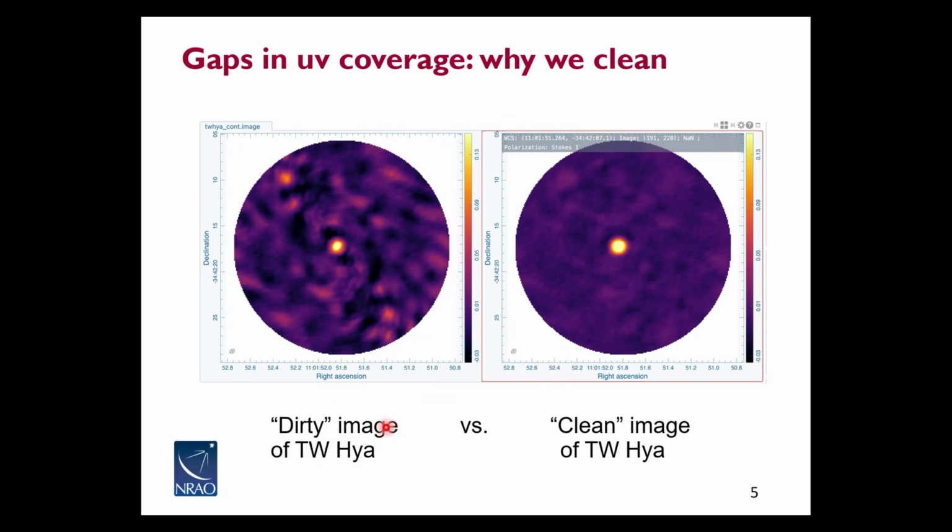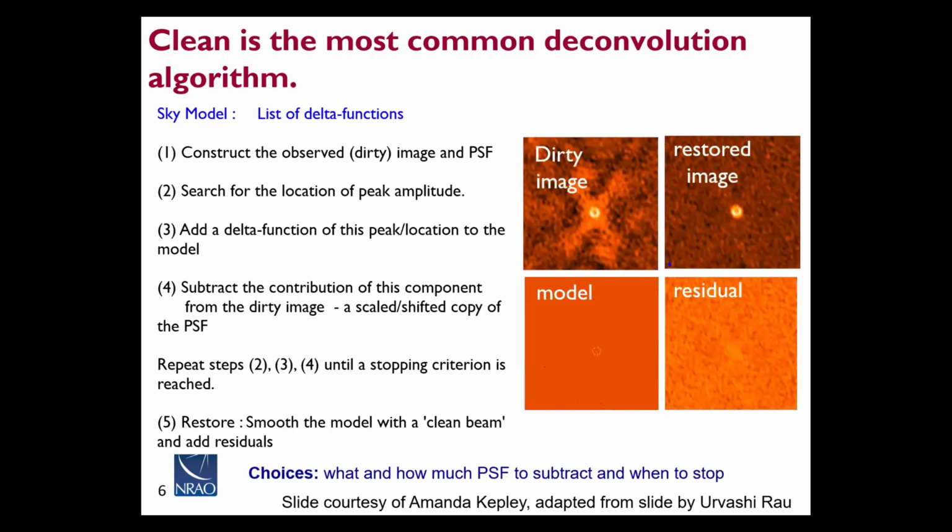If we simply grid the measured visibilities and throw them into a Fourier transform, we would get a dirty image like this with many artifacts, like these bright blobs that we know should not come from the real signal. By cleaning, you can see that these artifacts are now much mitigated. So that's why we use clean to clean up those artifacts.